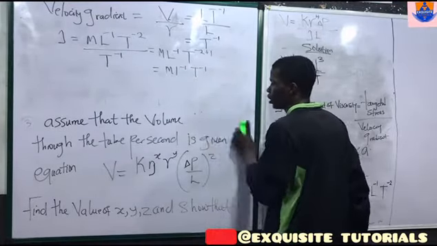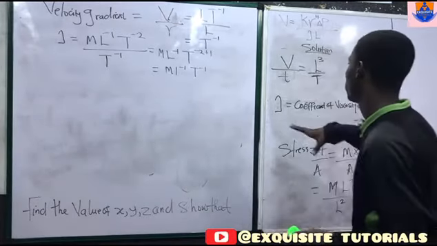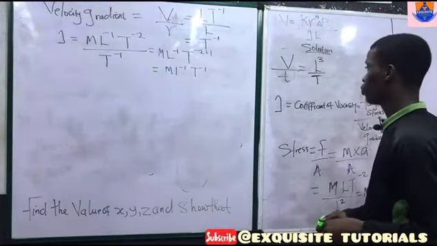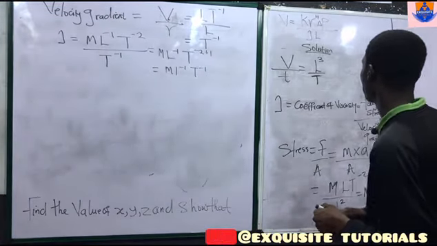So I've gotten the value for that guy. Let me clean this part now. So I've gotten my value for my coefficient of viscosity. So the next step I will now carry out.